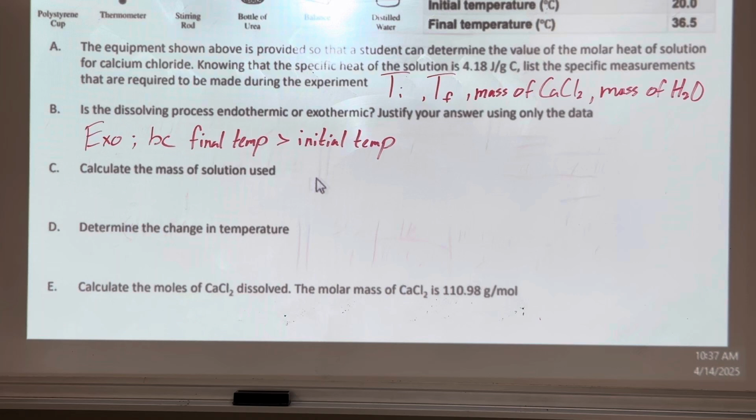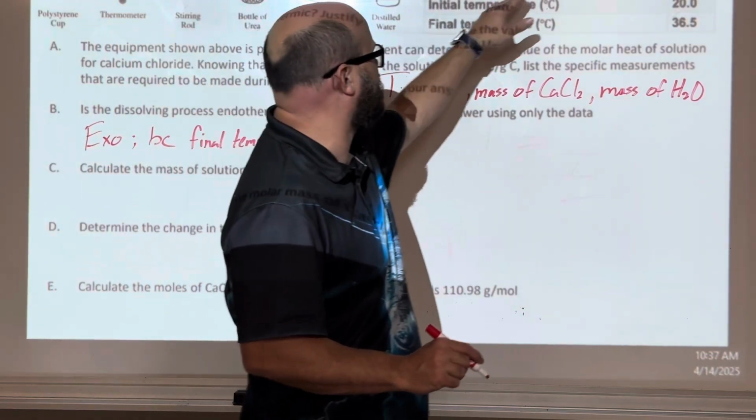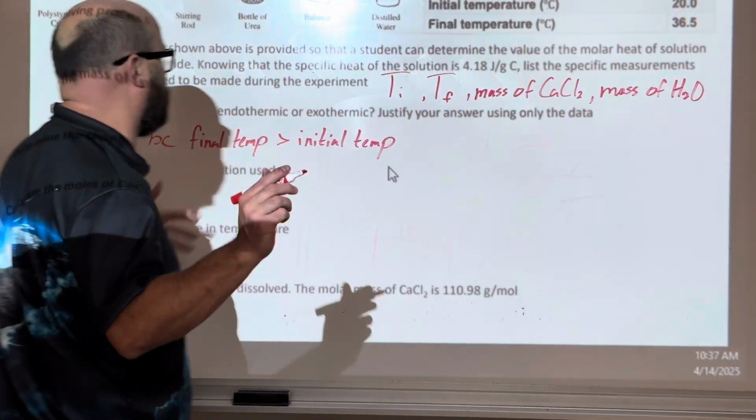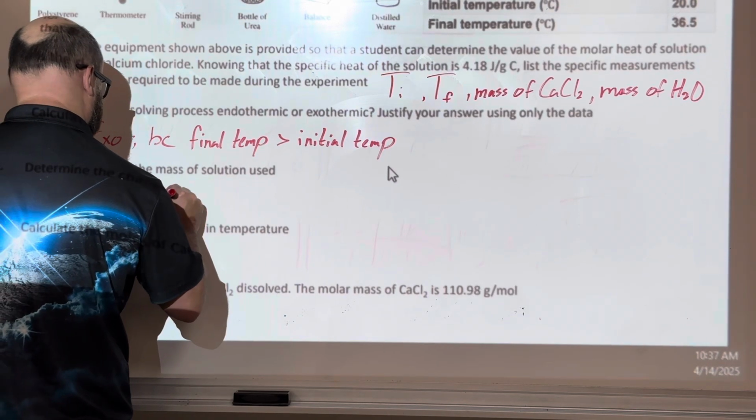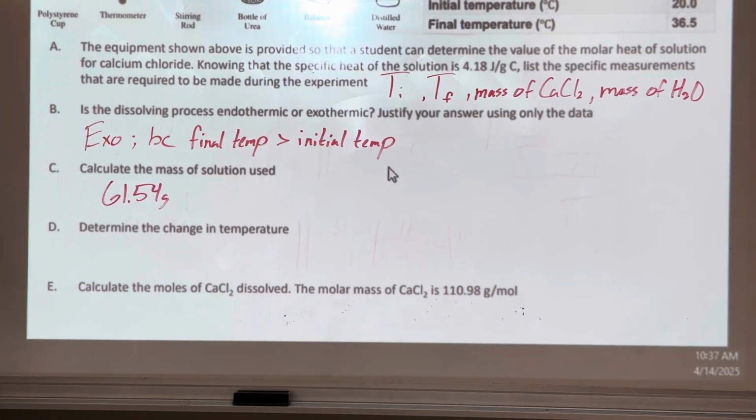Calculate the mass of the solution used. Let's see, what does it tell us? The mass of the calorimeter, water, and salt. So that's total mass, 61.54 grams.